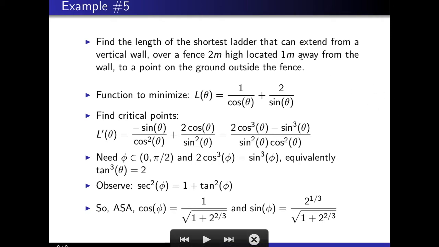So simplifying in that, we know that the tangent has to be the cube root of 2, we could solve this expression for cosine and say that the cosine of our angle phi is going to have to be 1 divided by the square root of 1 plus 2 to the 2/3 power. And similarly, sine will have to be the cube root of 2, all divided by the square root of 1 plus 2 to the 2/3 power.